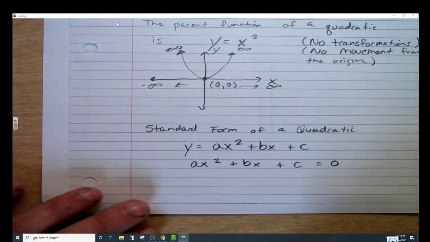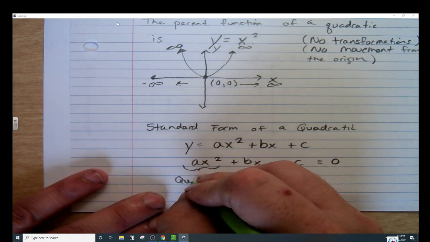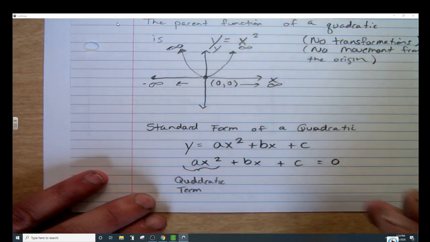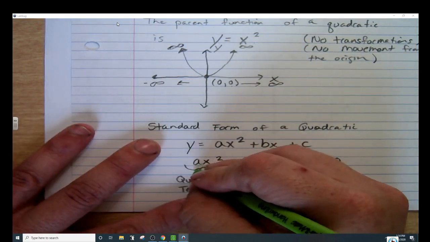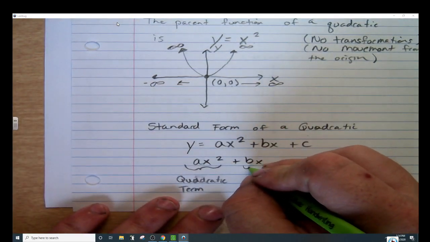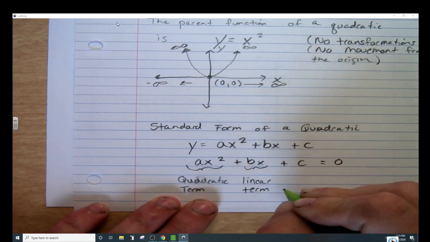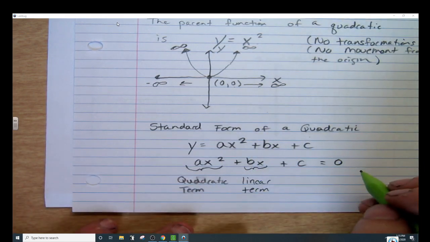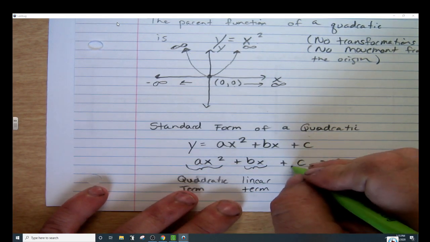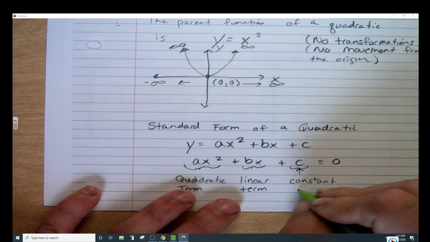Now, the ax squared term is what I'll refer to as your quadratic term. So guys, if I refer in a video or in class to the quadratic term, then you'll know what that is. The bx term, I'll refer to as the linear term. And your c term is what I will refer to as your constant term.